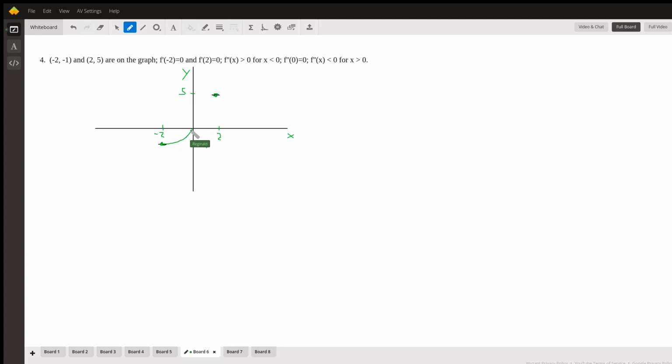So you have a smile. So like here, I put it at the origin, but it could be at any arbitrary point on the y-axis. So then after this point, it's gonna go concave down, right? F double prime of x is less than 0 when x is greater than 0.